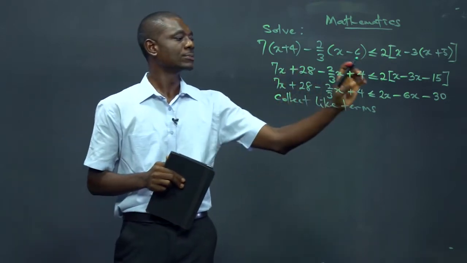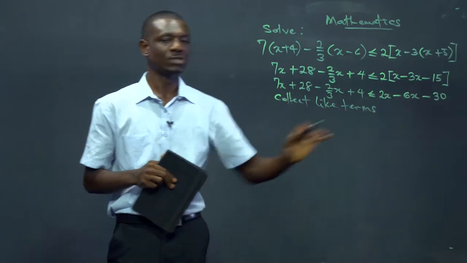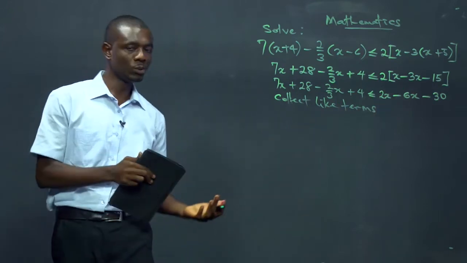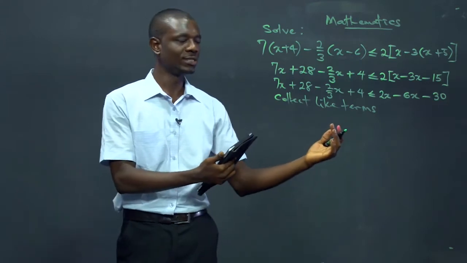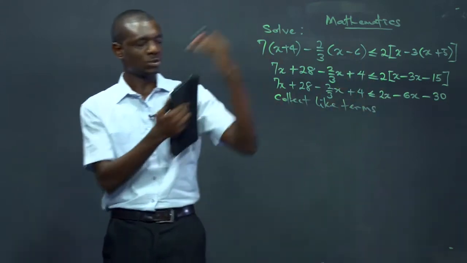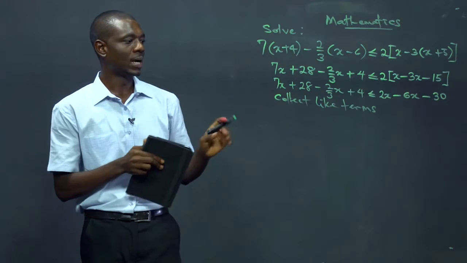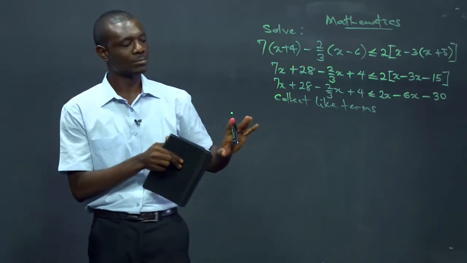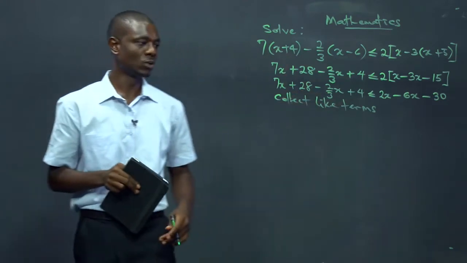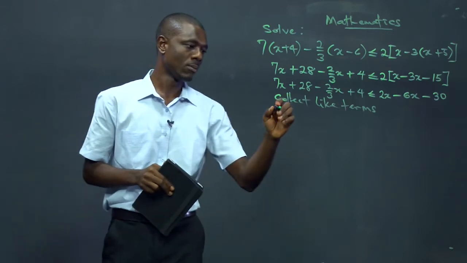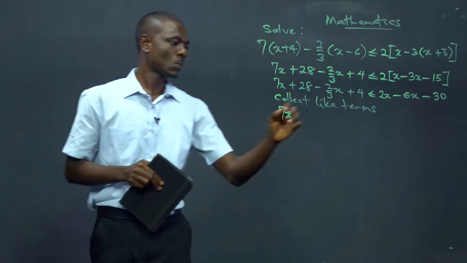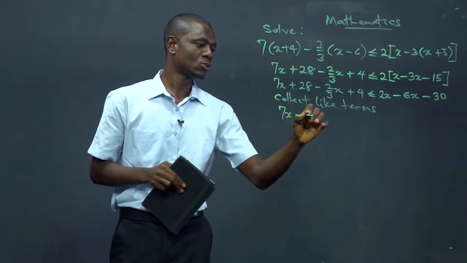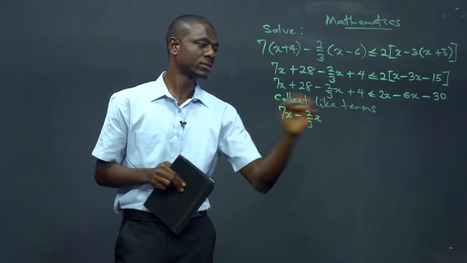And then the numbers are also like terms. We try to collect them together. What we will do is bring all the terms with the variable x to the left side of the inequality and push all the constant terms to the right side of the inequality. So we proceed. We have 7x minus 2 over 3x.